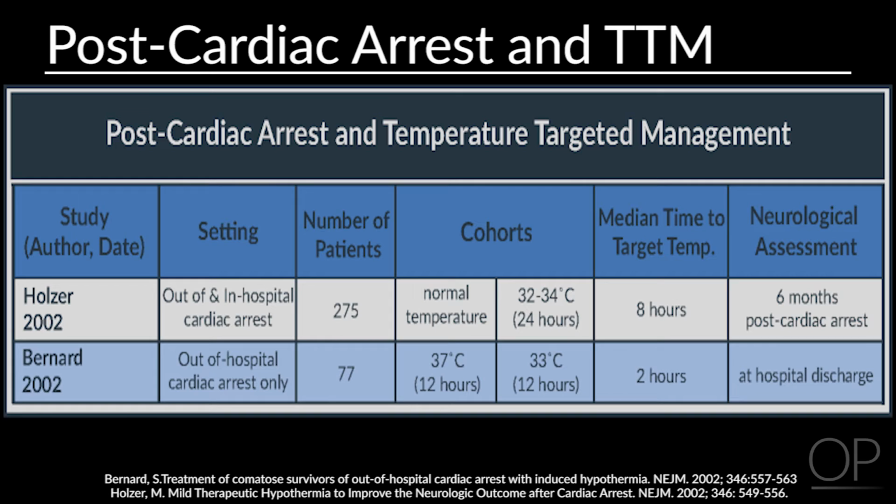The other paper that was published in the same copy of the New England Journal was the Bernard study. Much smaller number of patients, 77 out-of-hospital cardiac arrest victims with ventricular fibrillation. Patients were randomized to maintaining a temperature of 37 degrees compared to patients that had a temperature target of 33 degrees for a 12-hour period, with an average temperature at 2 hours after randomization of 33.5 degrees, and neurologic status assessed at hospital discharge.